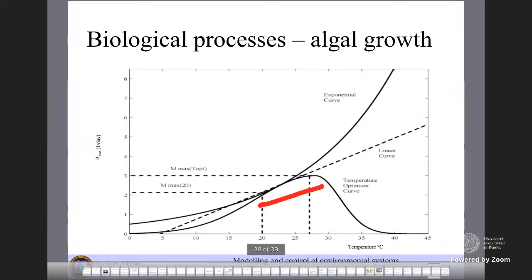In this case, the linear model is quite correct. In general, the more precise model is the so-called optimum model, in which we have an optimum function that displays a maximum at the reference temperature.